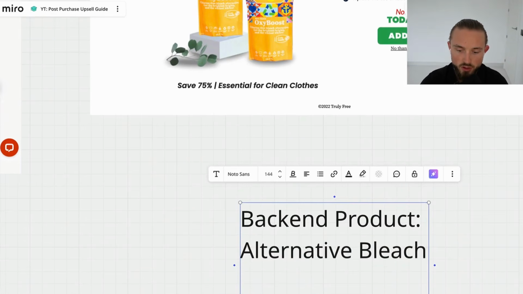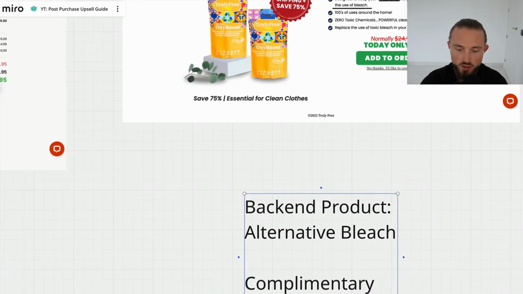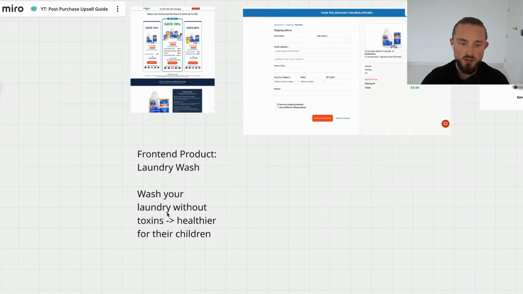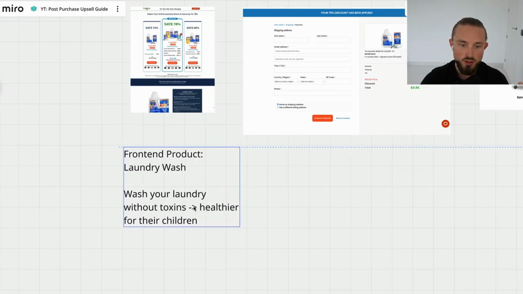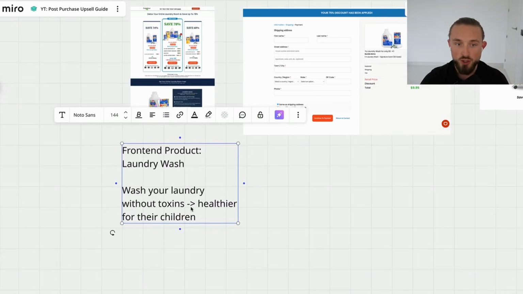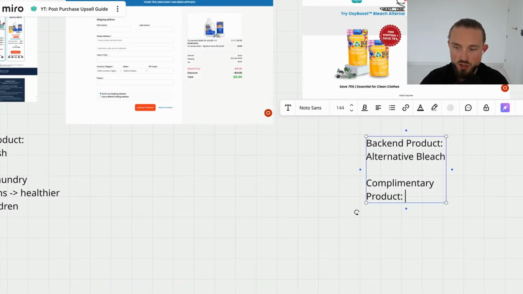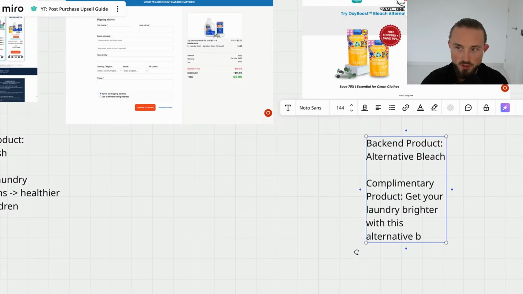This is a complementary product, but it fits really, really well into the narrative, because on the front end, as you know, we sell them on washing your laundry without toxins. And it's a complementary product because essentially we tell them, get your laundry brighter with this alternative bleach.